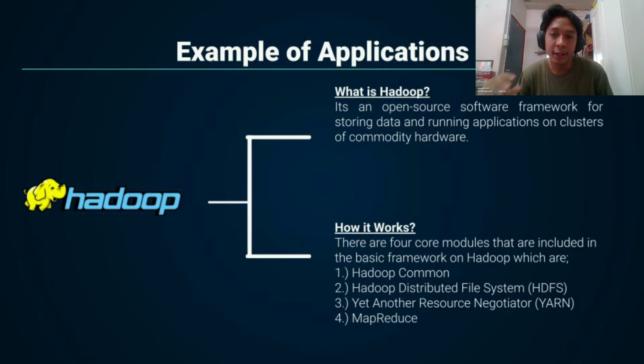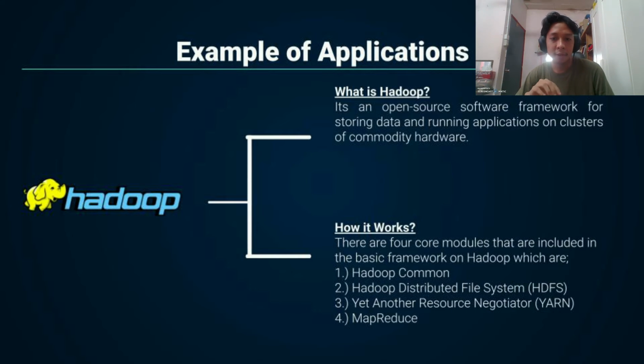Next, I'm going to talk about Hadoop in detail as an example cloud technologies application. So what is Hadoop? Hadoop is an open source software framework for storing data and running applications on clusters of commodity hardware. Hadoop also provides huge storage for various types of data, enormous processing power, and the ability to handle virtually limitless concurrent tasks or jobs. So how does it work?